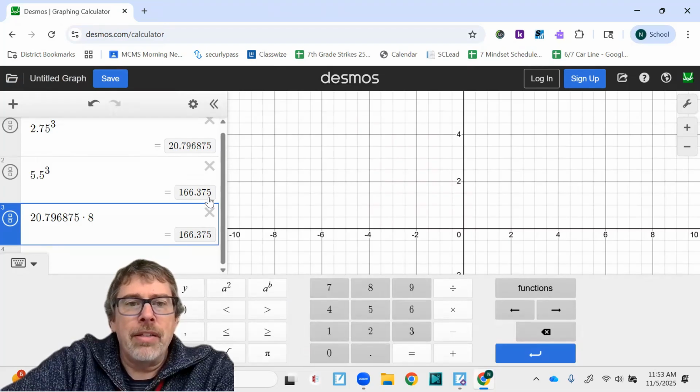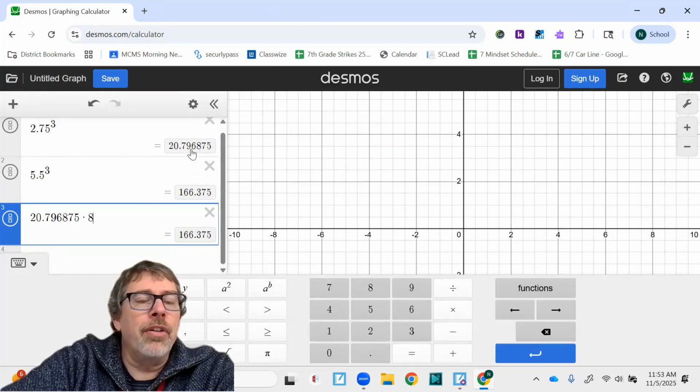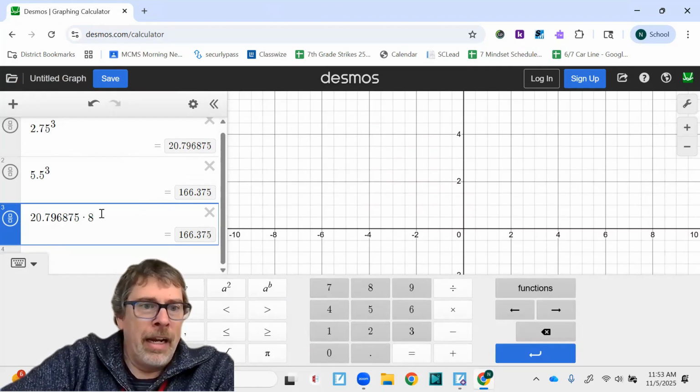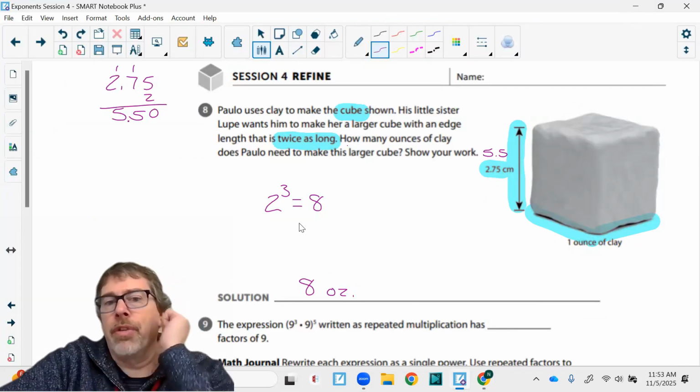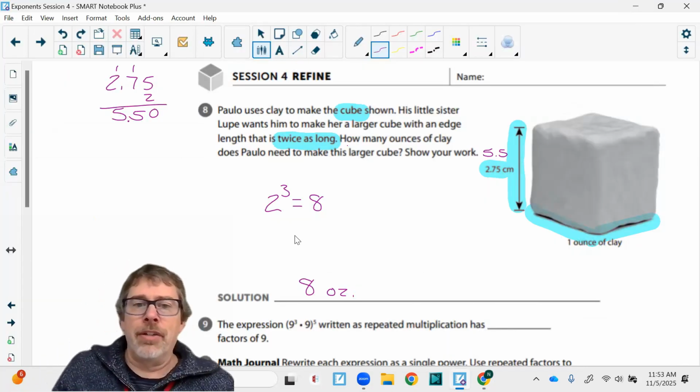And then I took the original volume, 20.796875, and I multiplied it by the answer I got, which was 8. It came out to be the same as cubing the doubled length. So I was verifying that this is true, and therefore the shortcut does work. The answer is 8 ounces of clay.